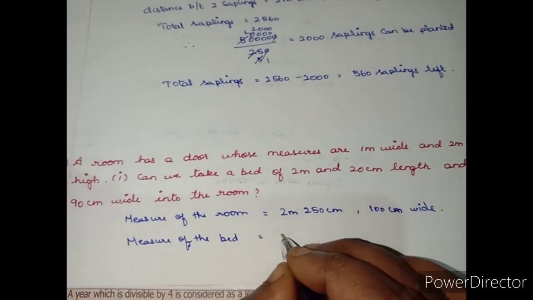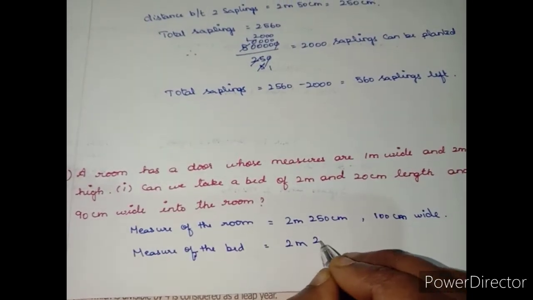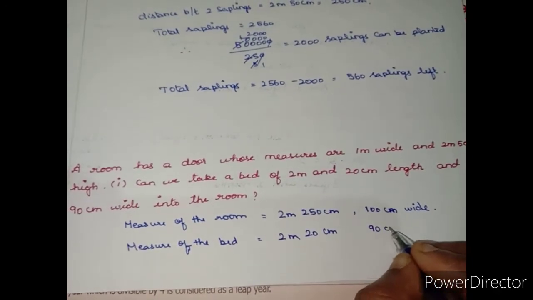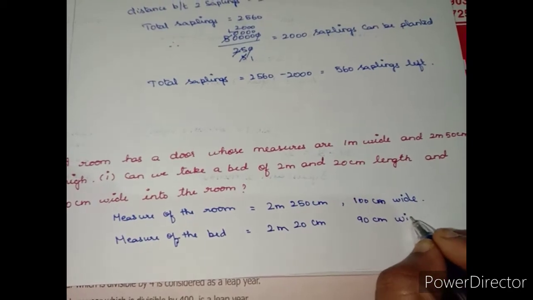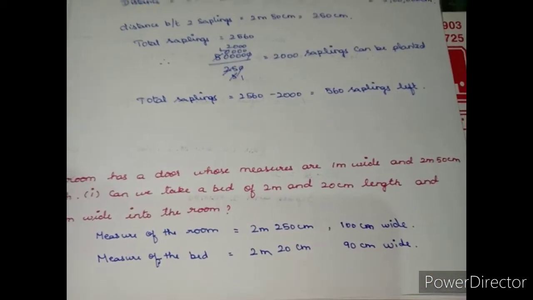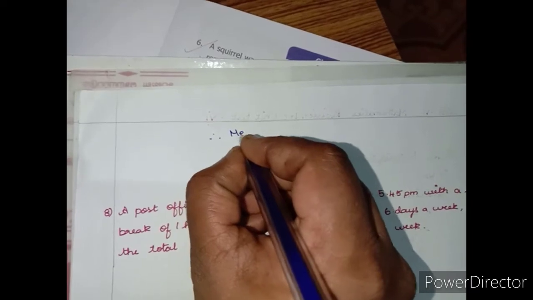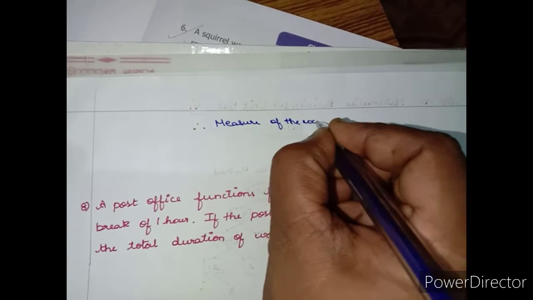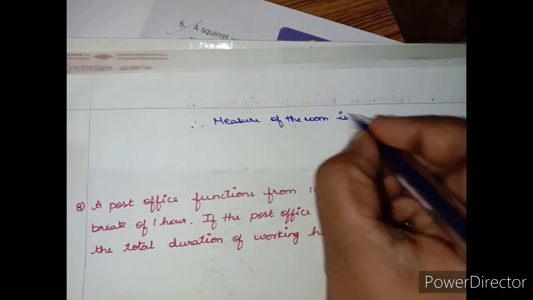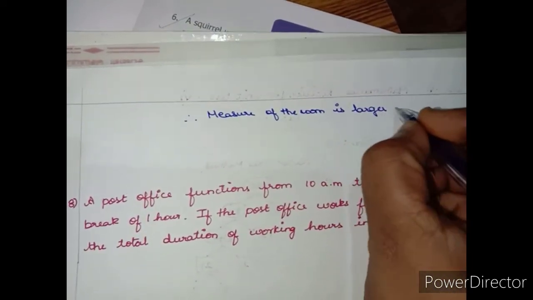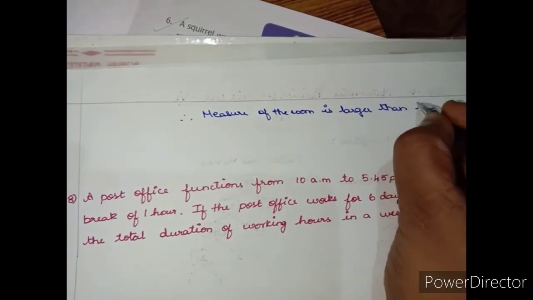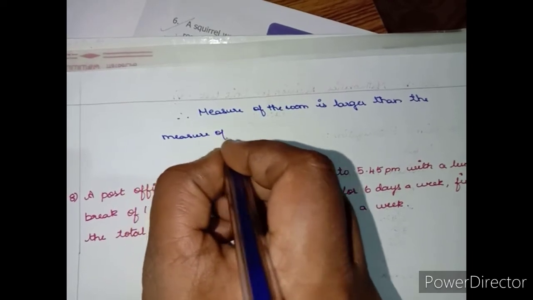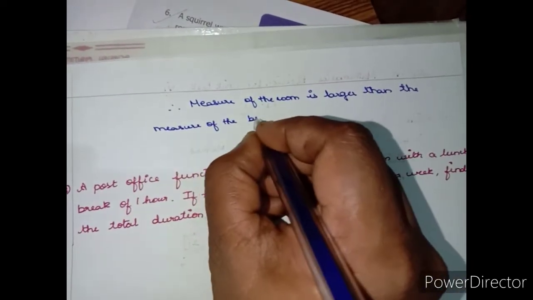It is 2 meter 20 centimeter in length and 90 centimeter wide. Okay. So measure of the room is larger than the measure of the bed.